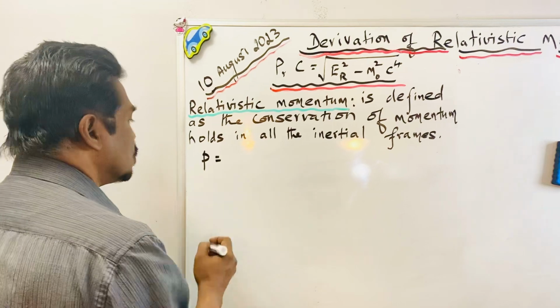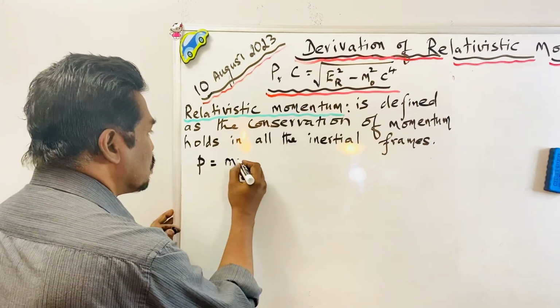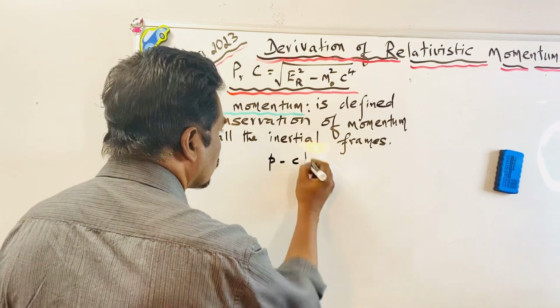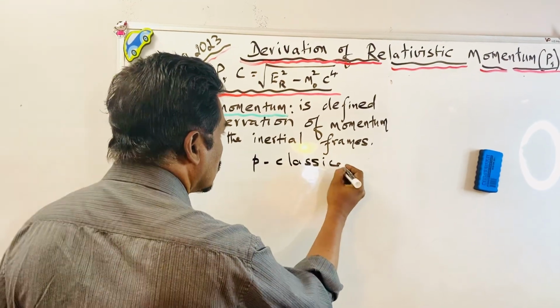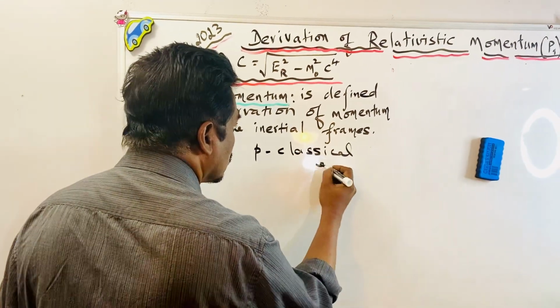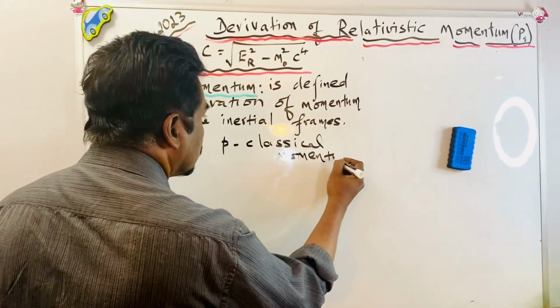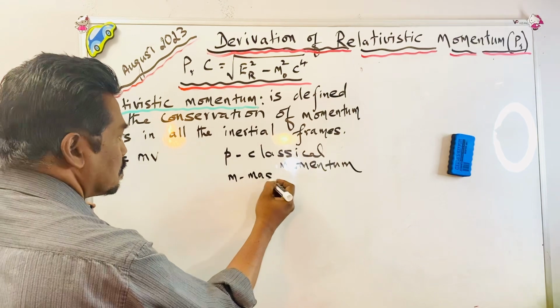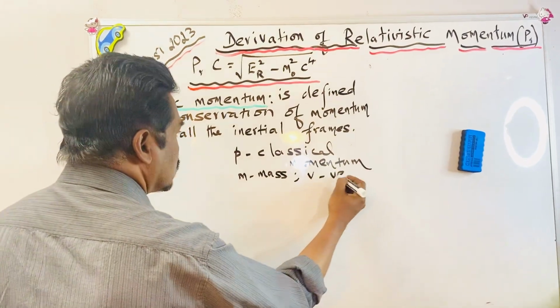So we know P is equal to mv. P is the classical momentum, m is the mass, and v is the velocity.